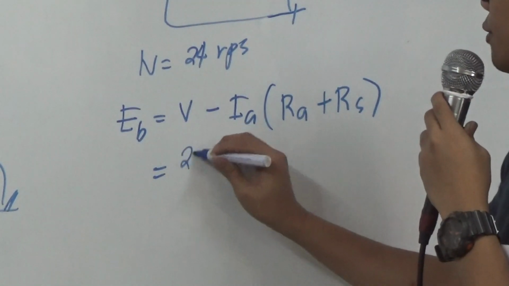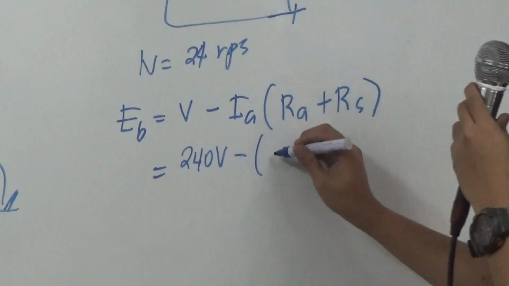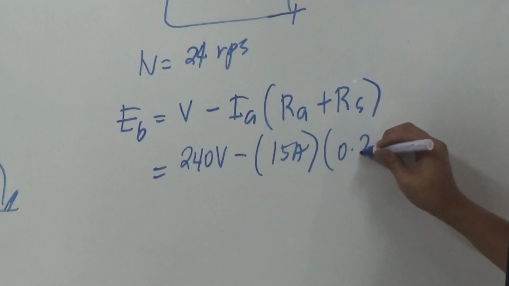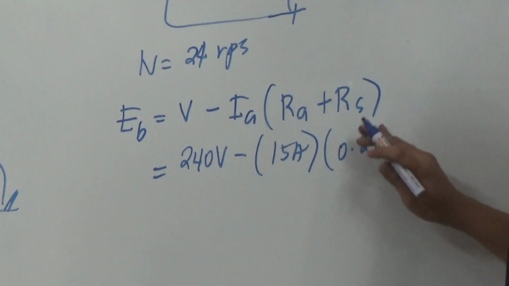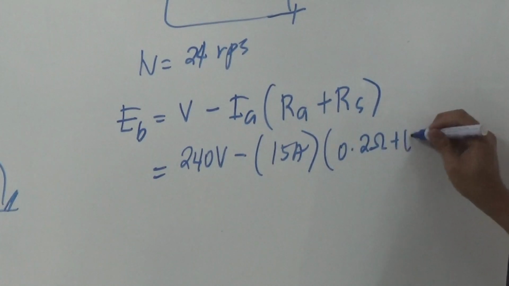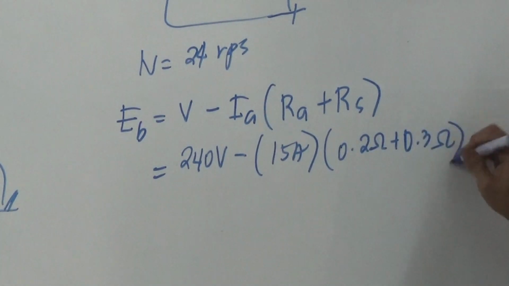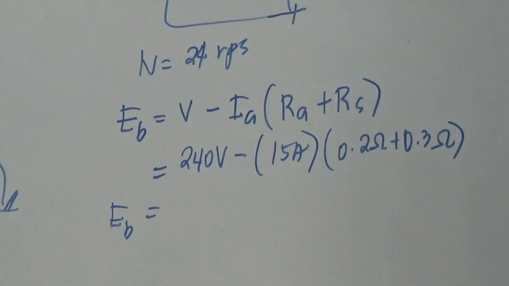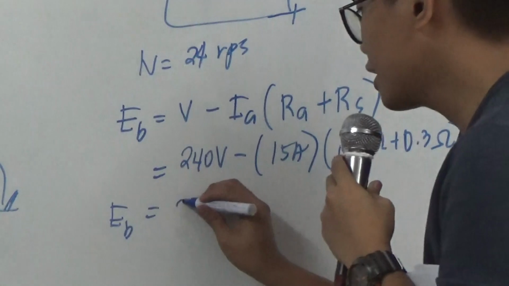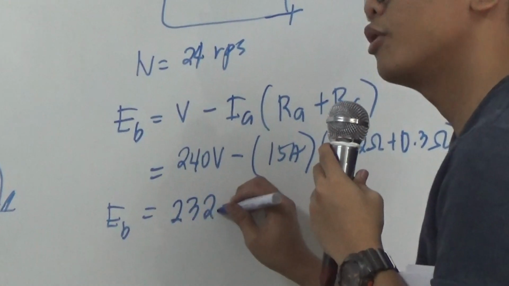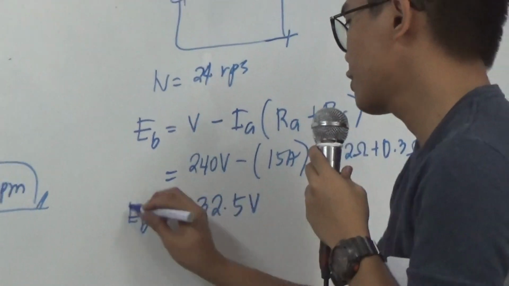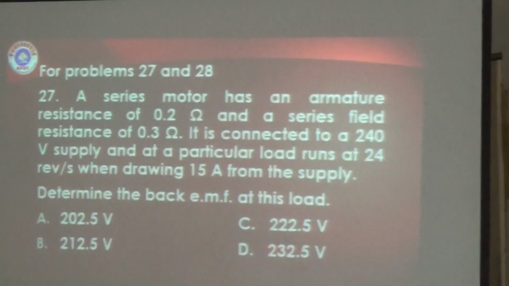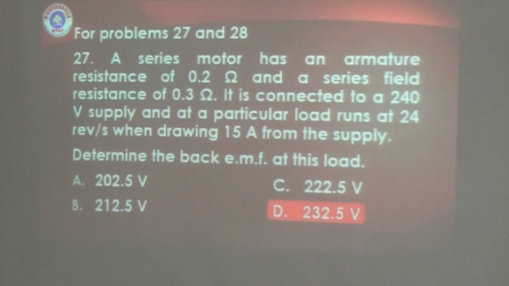So that will be 240 volts minus IA of 15 amps multiplied by 0.2 ohms plus 0.3 ohms. So back EMF is equals to 232.5 volts. Letter D.